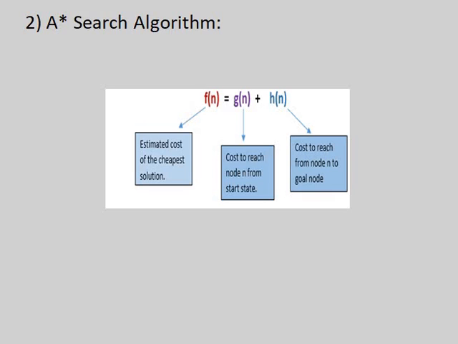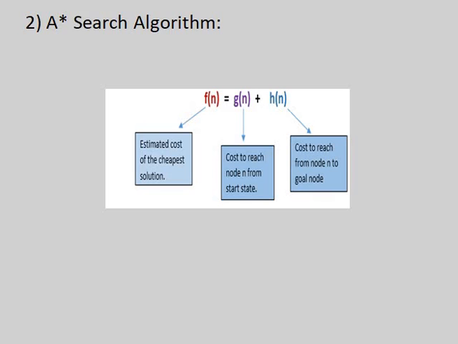It has combined the features of UCS and the greedy best first search algorithm. So by using this, you can solve the problem efficiently. The A star search algorithm finds the shortest path through the search space using the heuristic function. This search algorithm expands less search tree and provides the optimal result faster.